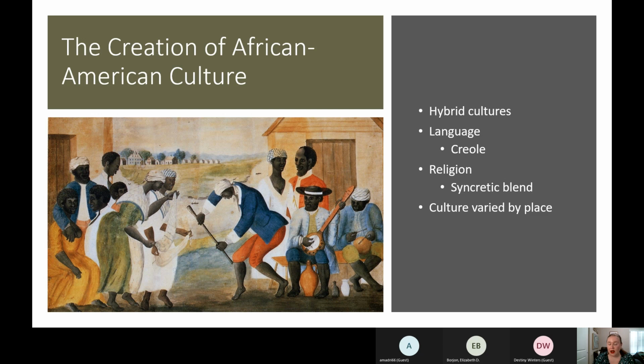They might incorporate African religious rituals like drumming into Christian services. In some cases, this leads to whole new religious mixes. For example, voodoo in Haiti, Santeria in Cuba, and Candomblé in Brazil is a mix of different religious traditions, Christianity, African, Islam, to form this kind of new blend of religion.